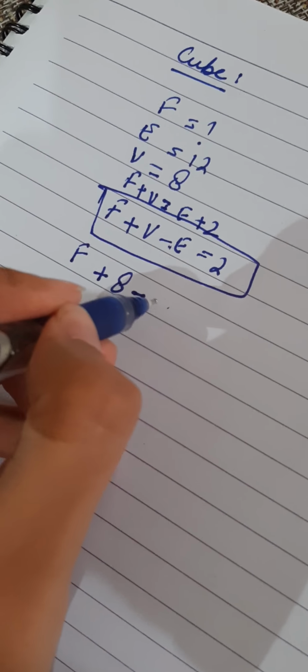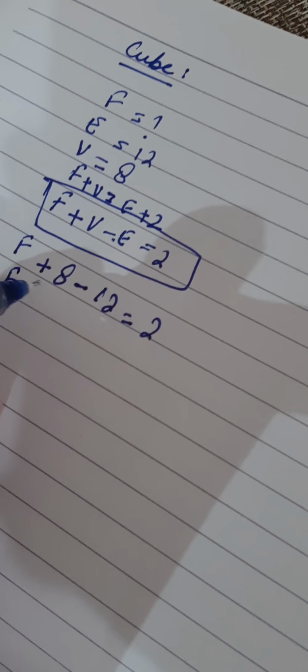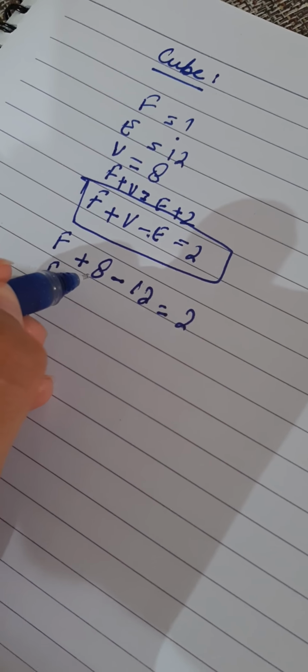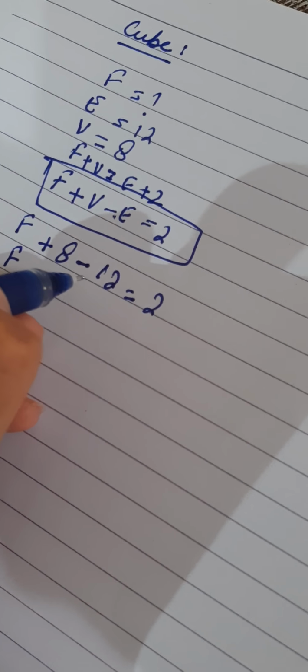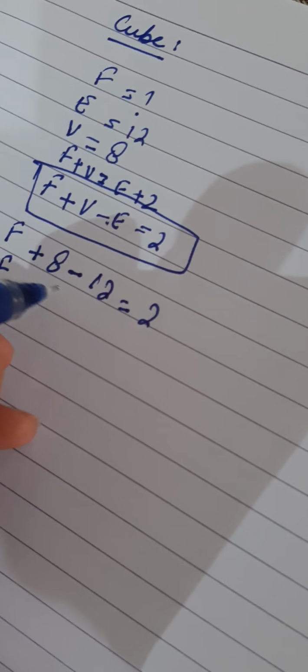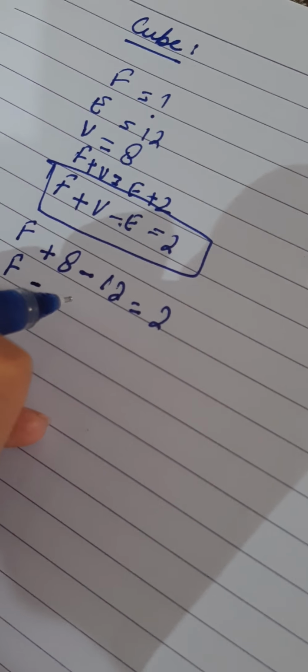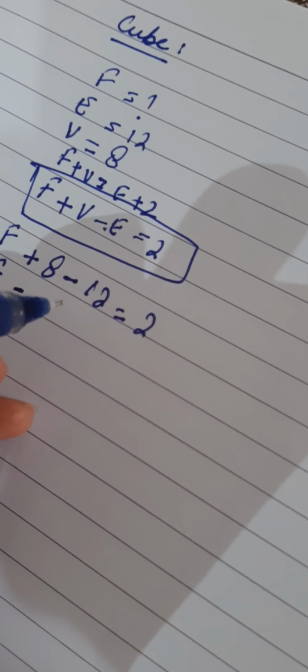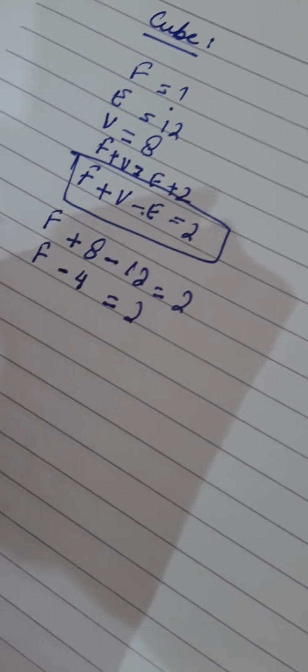E is 12 over here, equals 2. So F plus 8 minus 12. Now one is positive and the other is negative, so we are going to subtract. But here we have to see that since 12 is the larger number and it has the negative sign, the answer will be negative once we subtract. 8 minus 12 is minus 4. So F minus 4 equals 2.